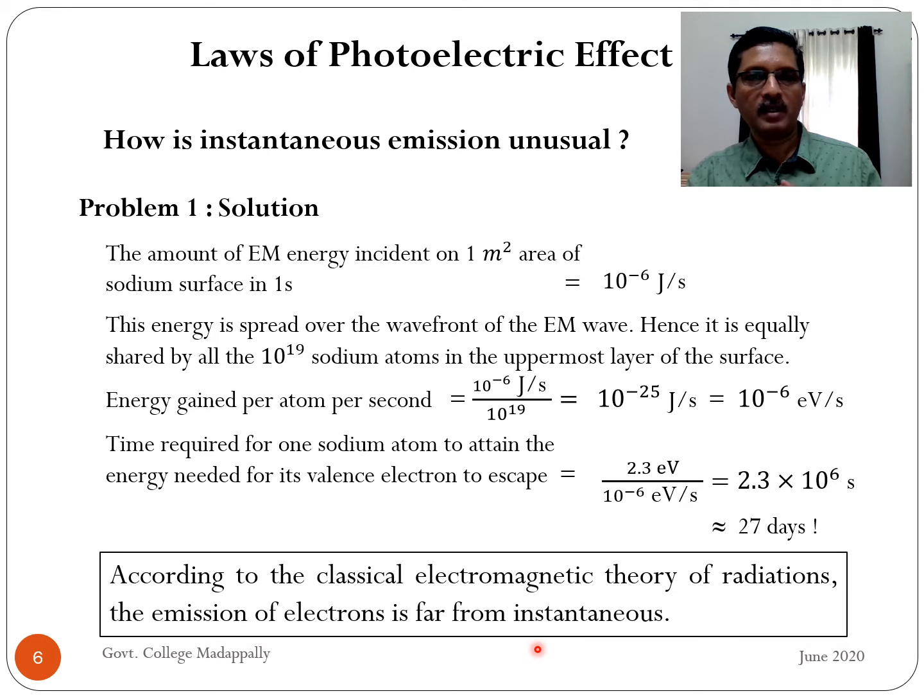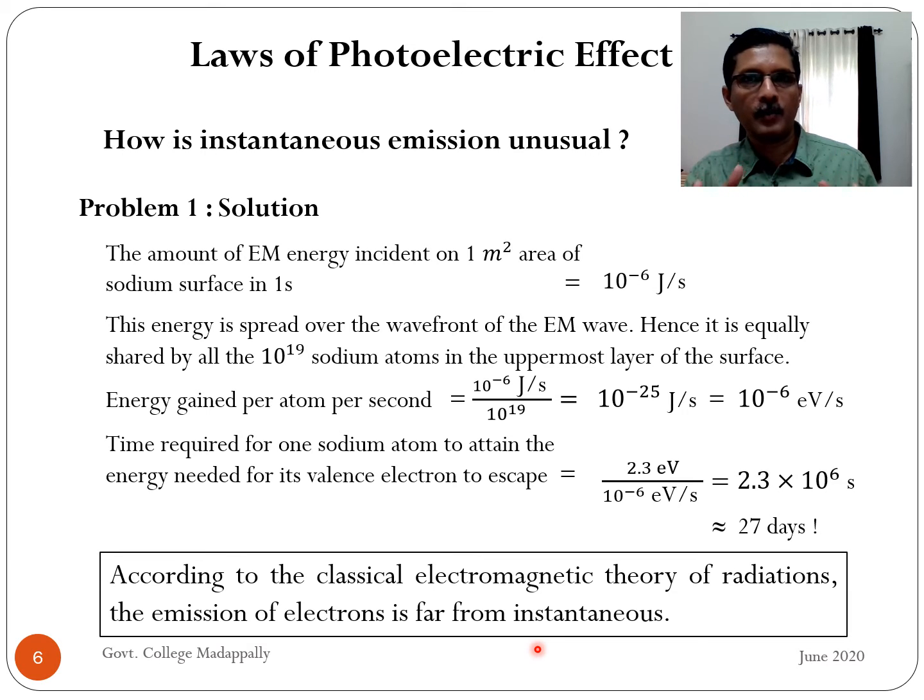So if we use this electromagnetic wave model, of waves coming and spreading their energy on the metal surface, and after some time one or more electrons get enough energy to escape the surface, it is completely wrong.